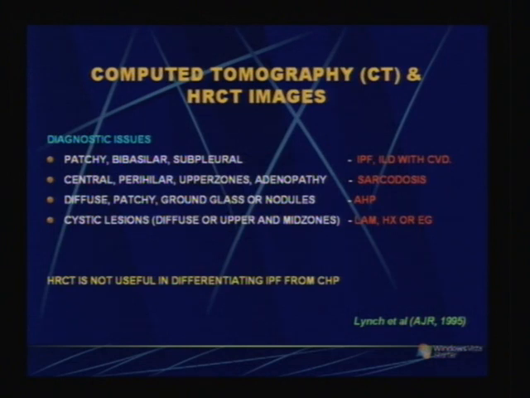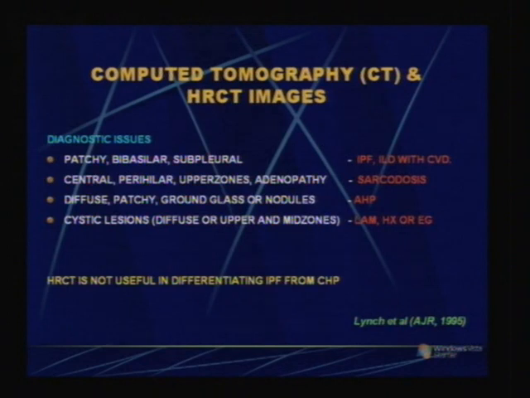Now we are looking into the important radiological patterns which we see in various interstitial lung diseases. Those conditions which are associated with patchy, bibasilar, and subpleural involvement, mainly involving the lower areas, are IPF and ILDs associated with CVDs. The central, perihilar, and upper zone involvement associated with adenopathy we see in sarcoidosis.